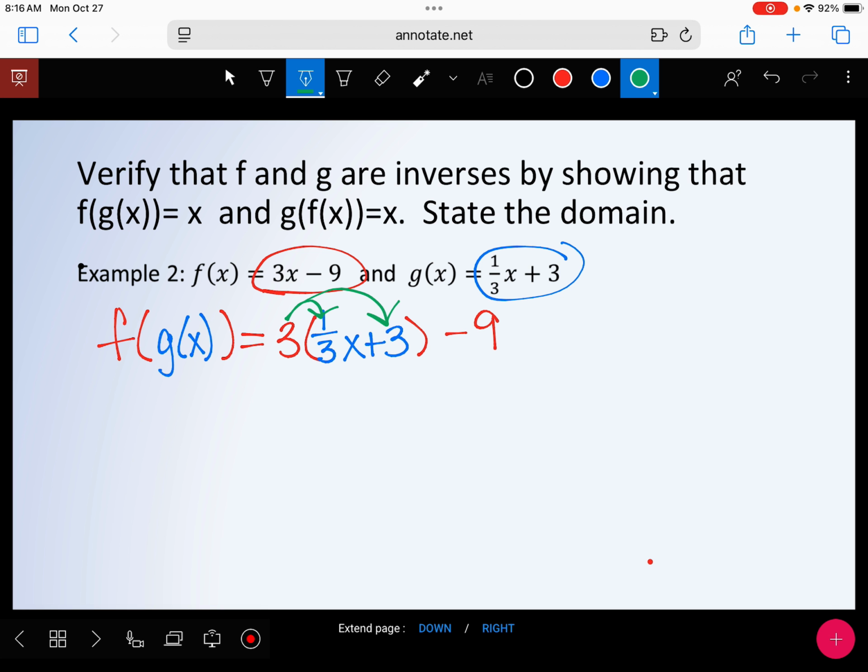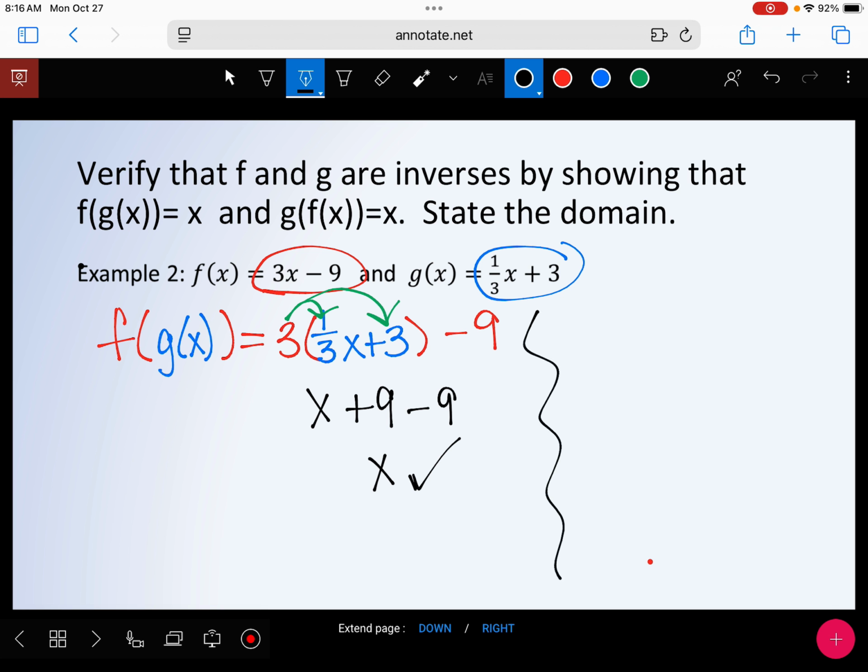And 3 times 1/3 is just 1. And then 3 times 3 is 9. Bring down the minus 9. 9 minus 9 is 0, so you're just left with x, which is a good sign.